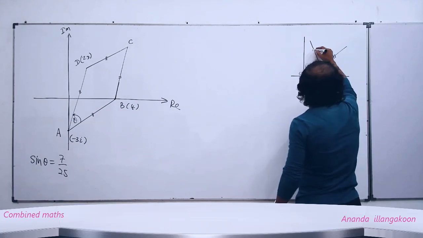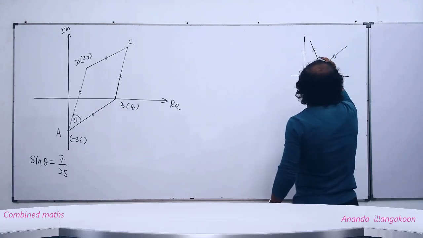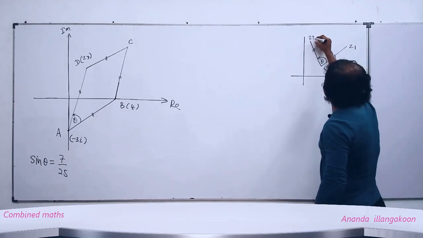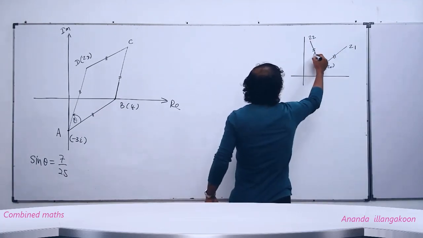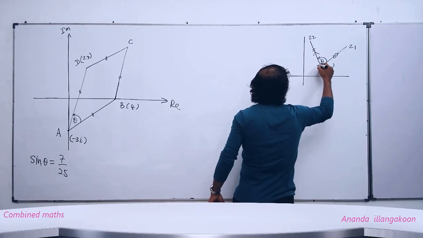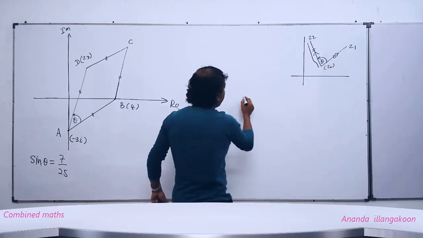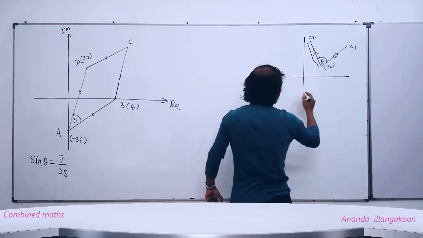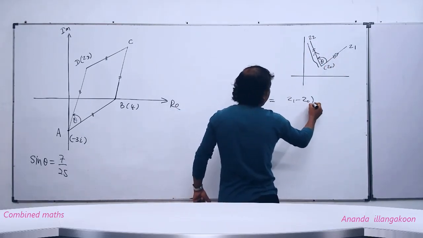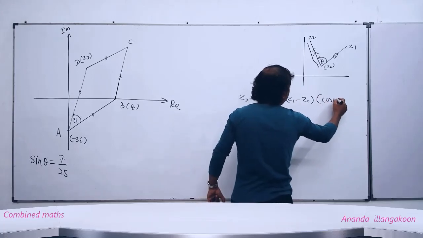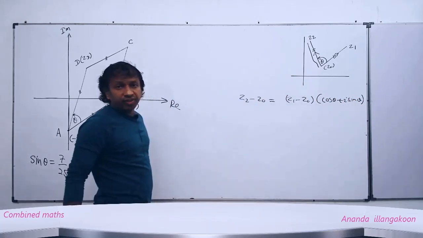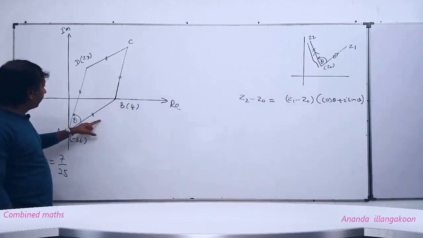This length and this length being equal, theta measured counterclockwise. This is Z1, Z0, this is Z2. The way of writing it: the complex number given by this line, Z2 minus Z0, is equal to the complex number given by this line, Z1 minus Z0, times cos theta plus i sin theta. You can very easily use that here because this length and this length are equal.